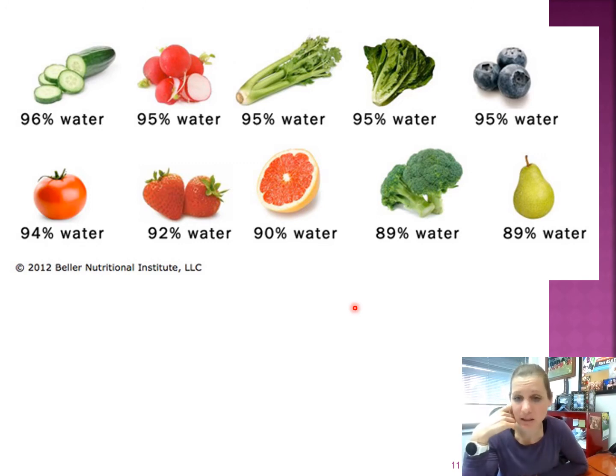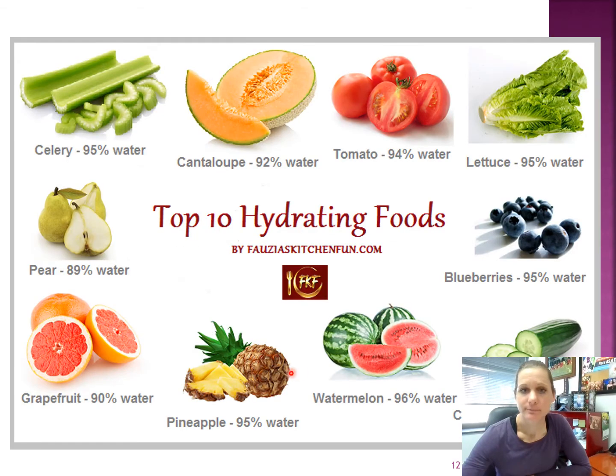So maybe you're not big on drinking water, but you really like a fruit. Well, you're getting a fair amount of water through the fruit that you are consuming each day. Okay, here's another image that shows us some of those good choices as it relates to fruits and vegetables that contain a high amount of fluids.